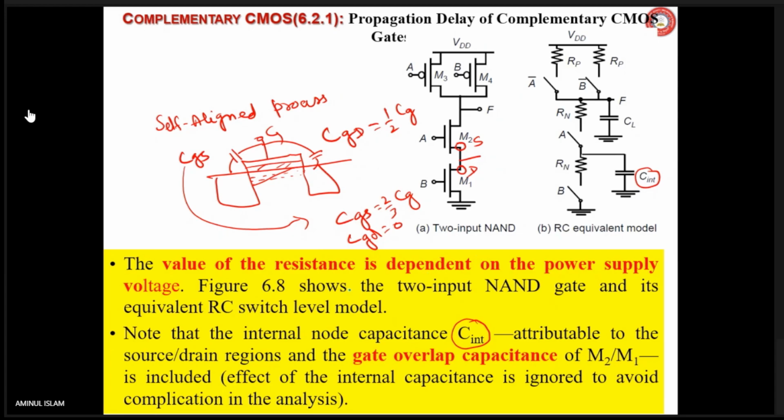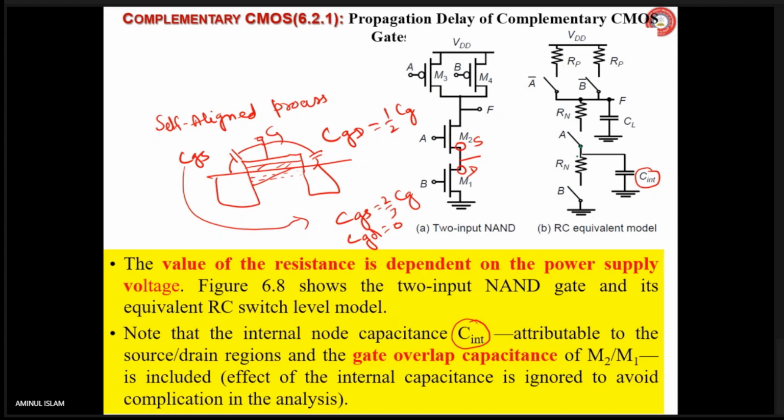This figure shows the two-input NAND gate and its equivalent RC switch-level model, the resistive model. Note that the internal node capacitance Cint is attributable to the source-drain regions and gate overlap capacitance.